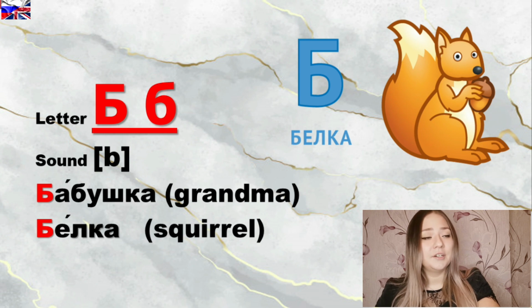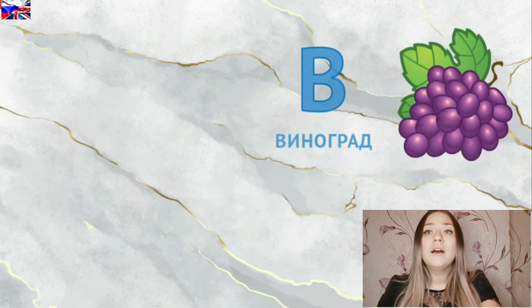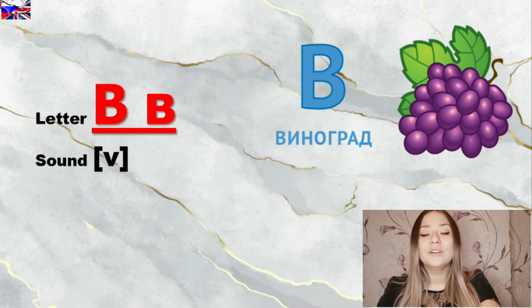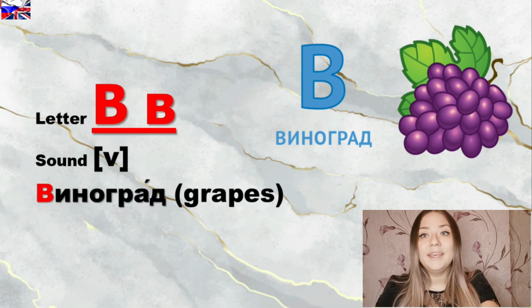Let's look at the third letter of the Russian alphabet, which is letter V, sound V. So with your upper teeth, you have to touch your lower lip. That's it, V. For example, grapes: виноград.